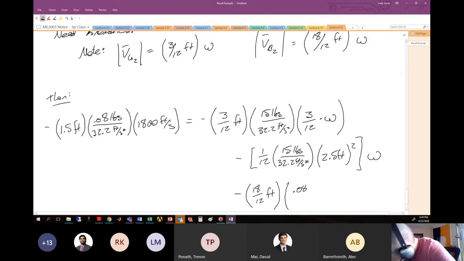Remember, mass is the weight divided by acceleration from gravity, which is not 9.81 in this situation. And I'm going to multiply this by the velocity of the bullet, which has this kinematic relationship with the angular velocity, which is 18/12 times omega.